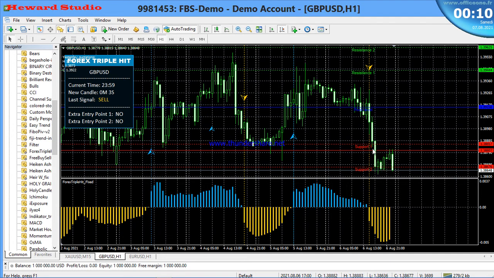The thing is coming down, so it needs to hit the support, and look, support was at 1.38857. So this means that you can make good money out of this.